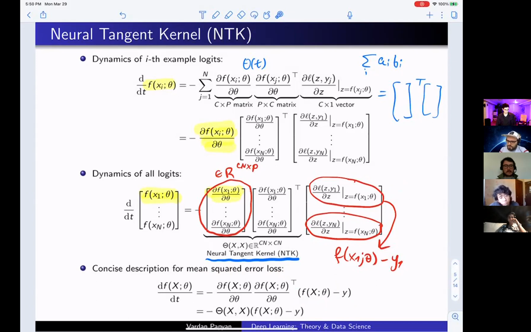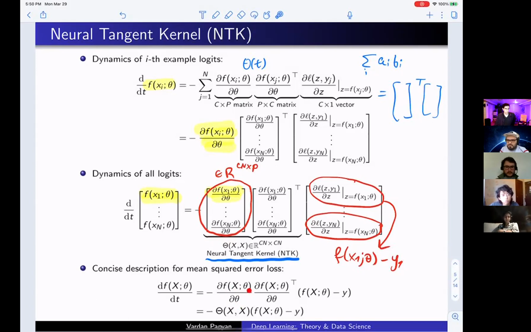Moreover, notice that this whole thing can be written as the derivative of f(X, theta) with respect to theta. It's a bit confusing to think about it, but basically f(X, theta) are the logits of all the data sets stacked on top of each other.